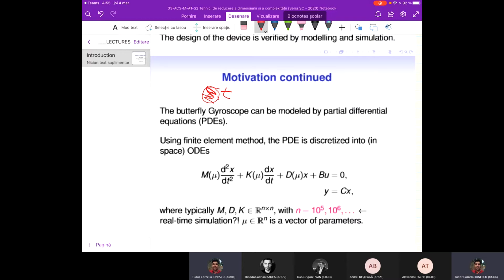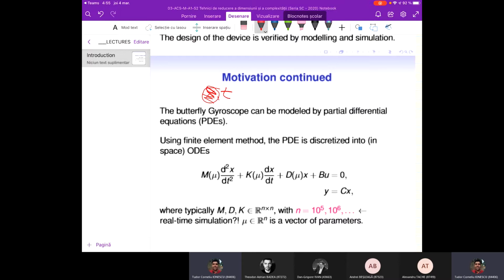Now, usually, to approximate or to compute a PDE, you use specific techniques, such as finite difference for 1D, finite areas for 2D, or in general, finite element methods for 3D PDE equations. And they are discretized, and the resulting system of ordinary differential equations is of this form.